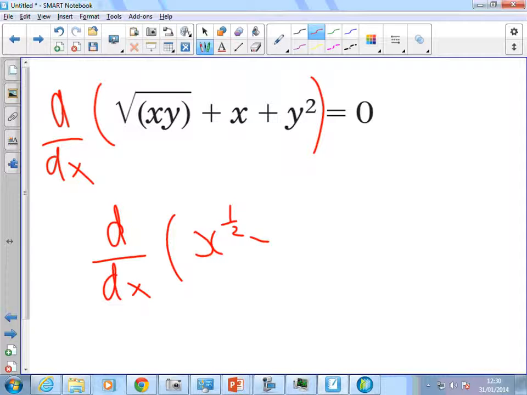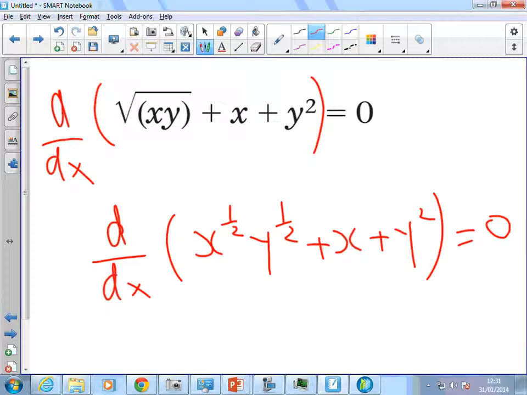I'll write it out. And now immediately we encounter a product. So we differentiate the product in the usual way using the product rule.